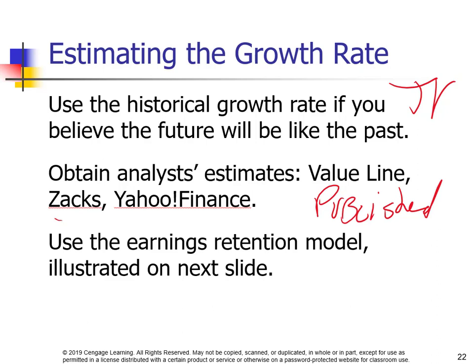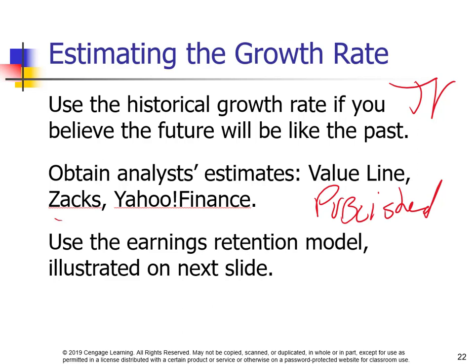Now, what number do you want to use? Well, here's the theory says that if the company does not change its payout pattern, that is, if they consistently pay out 60% of their earnings as dividends, if that does not change, and if their financing mix doesn't change, then if you estimate earnings, that translates also to estimating dividend growth.